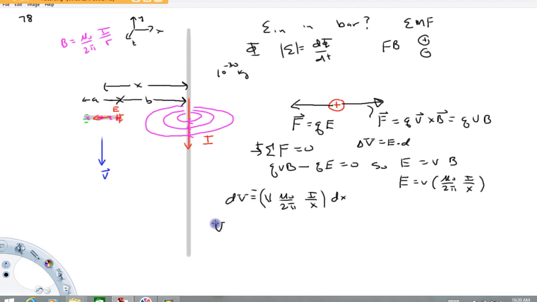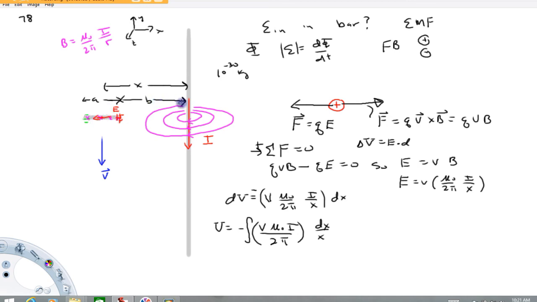Total difference in potential, then, we will get by adding these all up. I'll bring that minus sign out in front. Then I'll put velocity times mu sub 0 times I over 2 pi, and what I'm doing right now is grouping together anything that's constant, and then we just have dx over x. Now this integral is going to be integrated along this path, starting at the right hand side of the bar and moving to the left hand side of the bar.